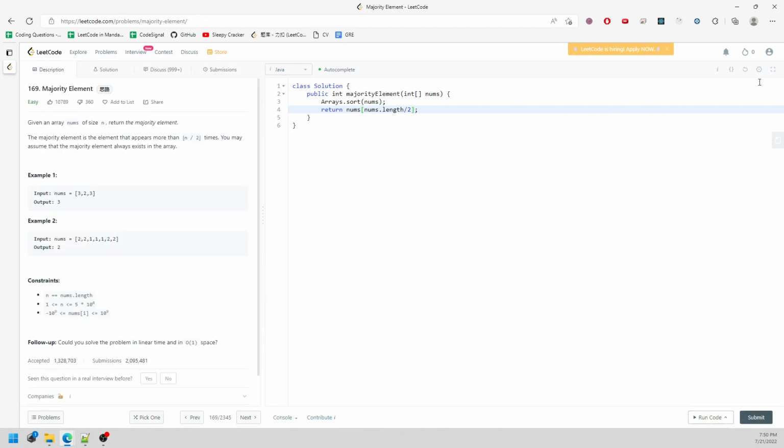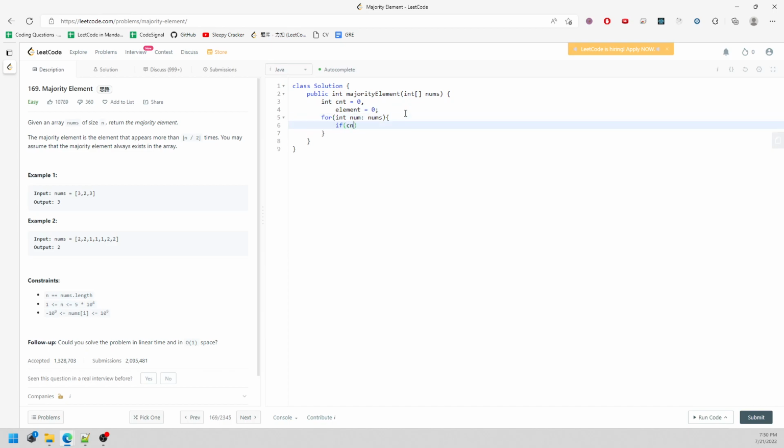Right, so let's talk about the second solution. Count is equal to 0, and element is equal to 0 as well. For num in nums, I'm traversing the nums array.